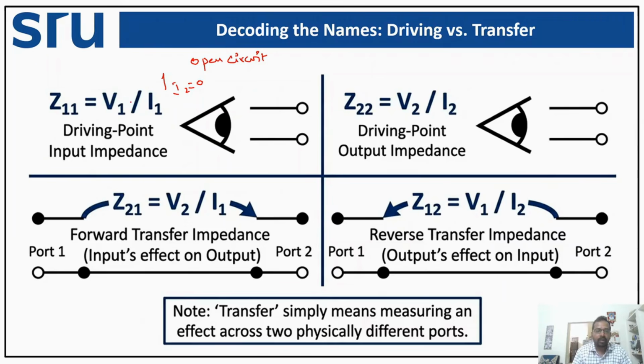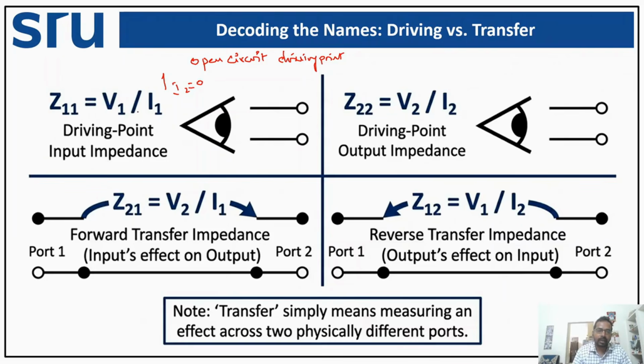And what we are trying to do? We are supplying the input current source, and we are trying to measure the voltage at the same point. So we are going to call it an open circuit driving point impedance, where we connect the I1 source and measure the voltage at the same terminal.